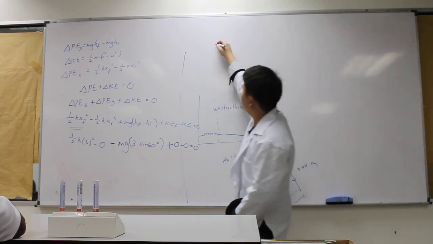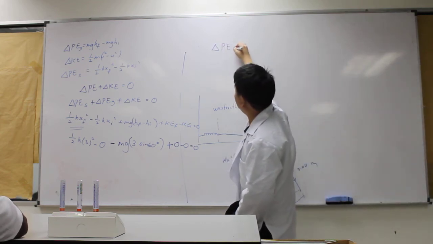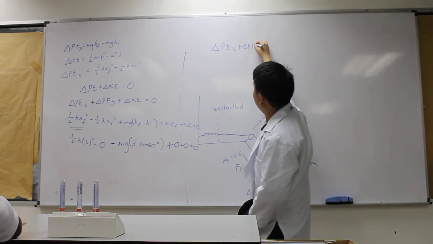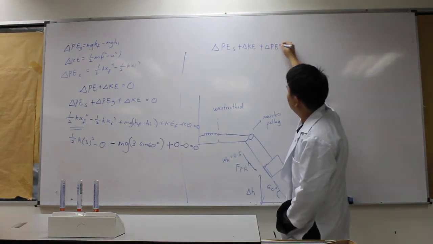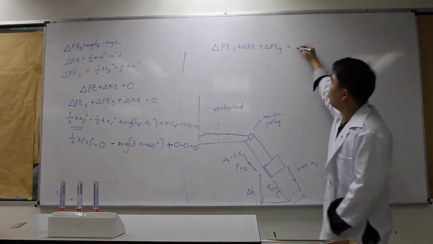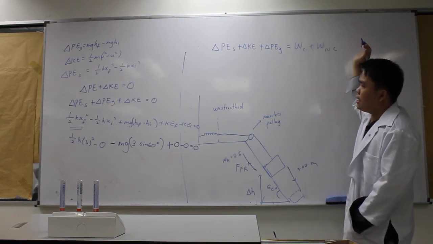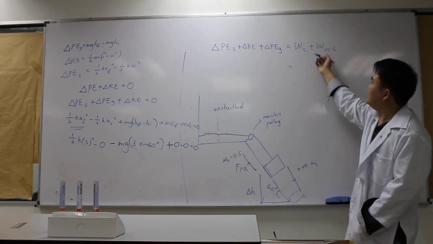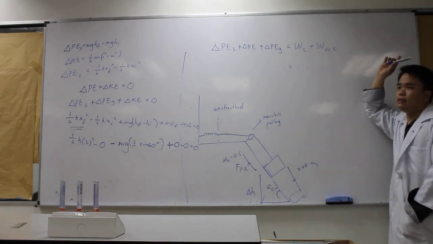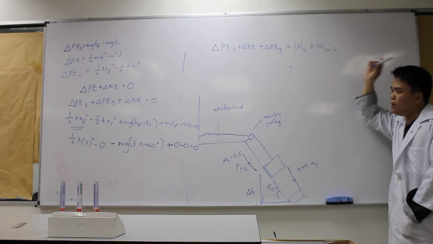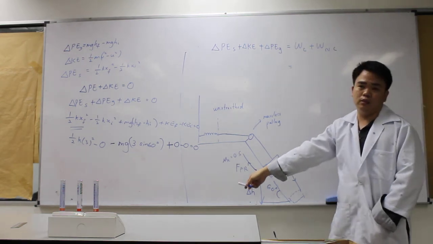First is to use delta PE_s plus delta KE plus delta PE_g equal to work C plus work NC. And right now, work C plus work NC, because there is an external force. The external force in this case is actually the frictional force.